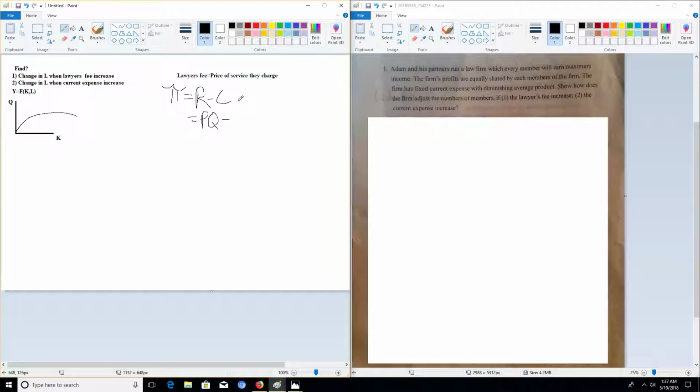minus what are the costs to a firm, right? The cost to a firm is the amount of dollars it has to pay towards labor and capital. And this, in our case, is usually represented by labor times the wage rate plus capital times the rental rate.